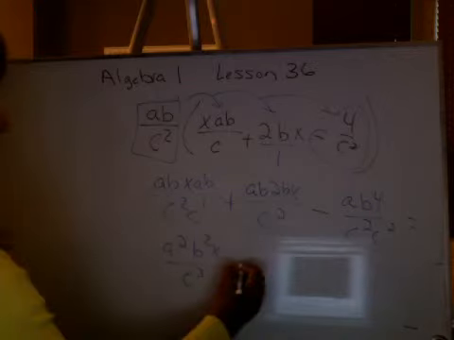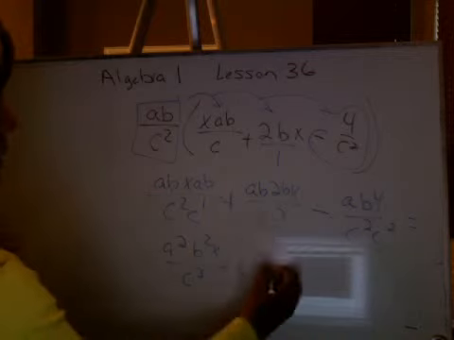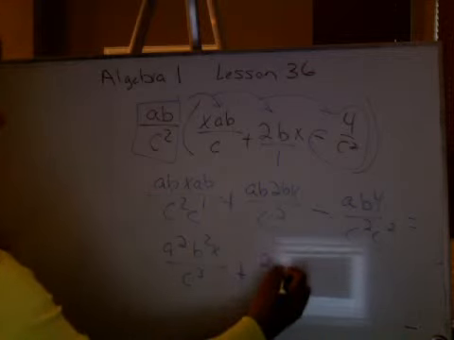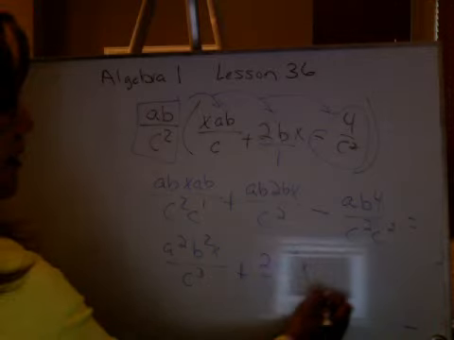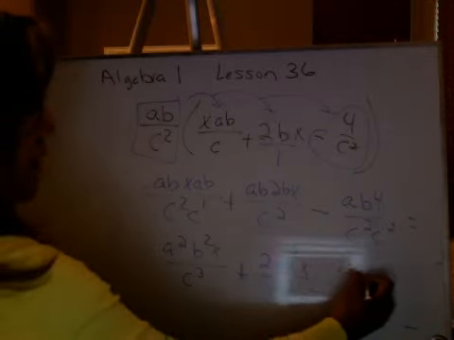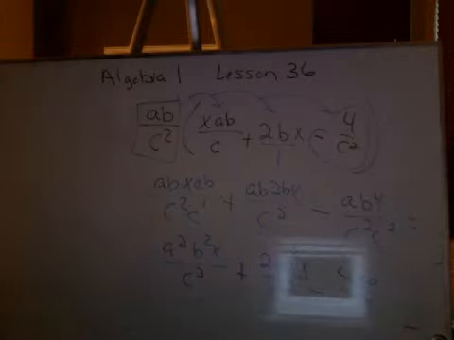Okay, then plus, because you have a plus, anything to combine here, I'm going to put my 2 first, my a, and I've got two b's, which is b squared x all over c squared, minus 4ab over c to the 4th power. And you can't reduce, that's it, and that's your answer. You leave it just like that.